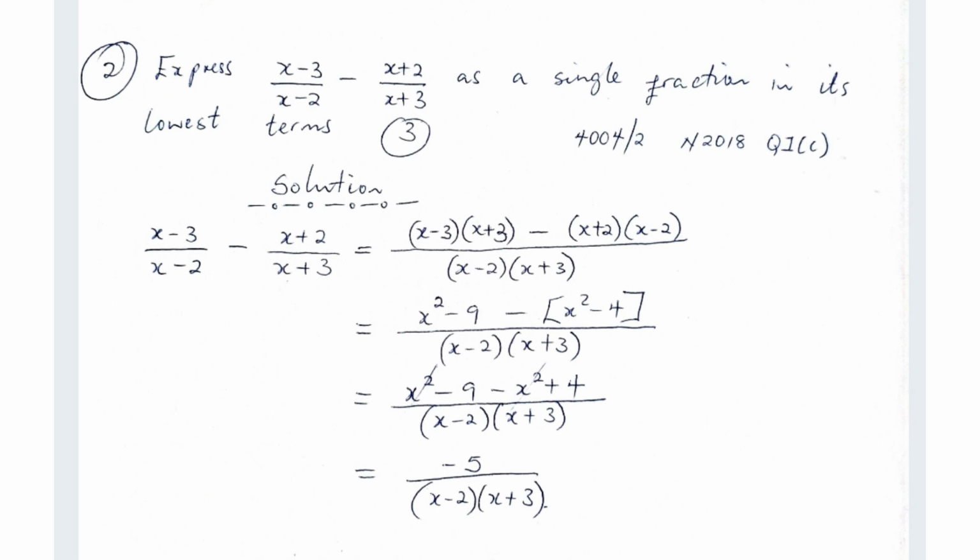So here is the fact I was explaining: this negative has to multiply every term in this bracket, so after multiplying it becomes negative x squared plus 4. This is where you have to be very, very careful when working out this kind of fractions.